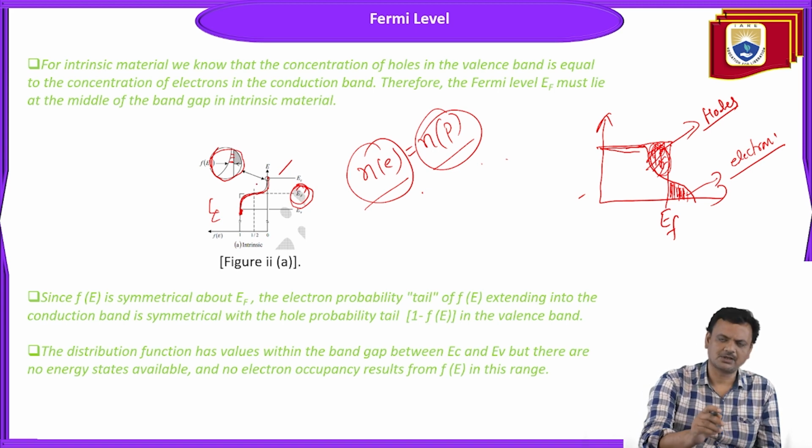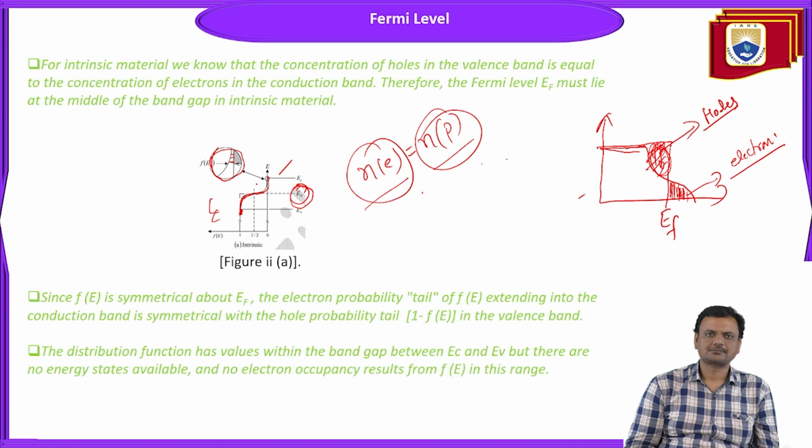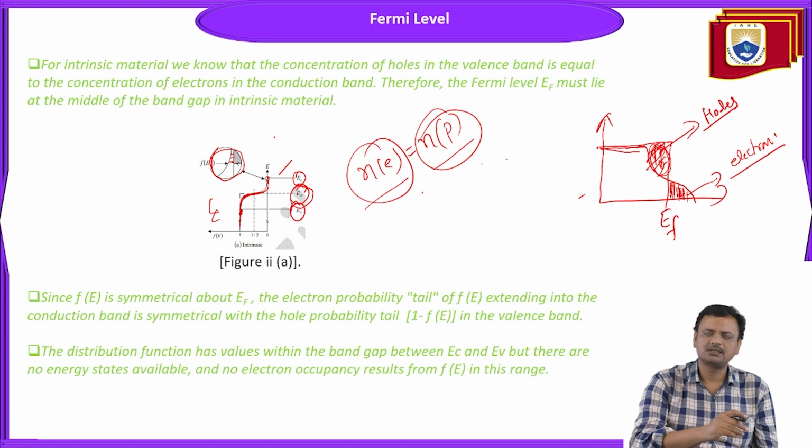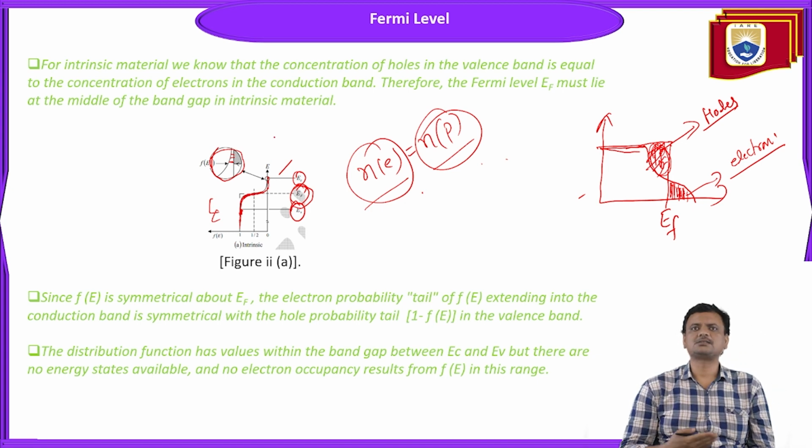The distribution function also has some value within the band gap between EC and EV. This is the f(E) curve, and it has some value between EC and EV, obviously, but it doesn't mean there are any energy levels there except EF.